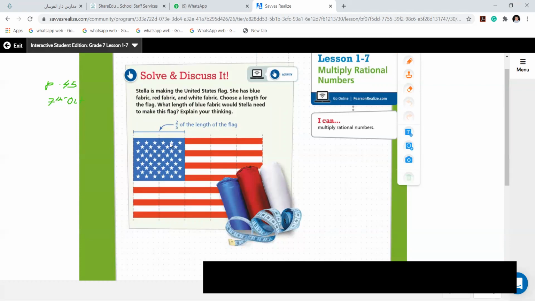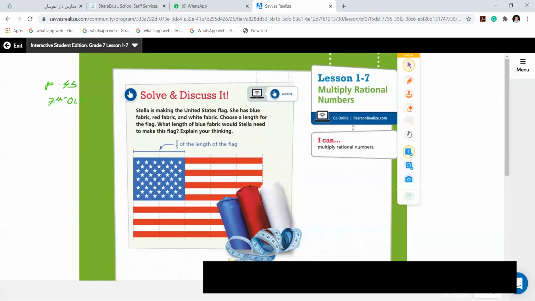Now these 2/5 total, how much will it be, girls? First tell me that. If these two blocks are 2/5, don't you think even the other two will be 2/5? Yes. 2/5.